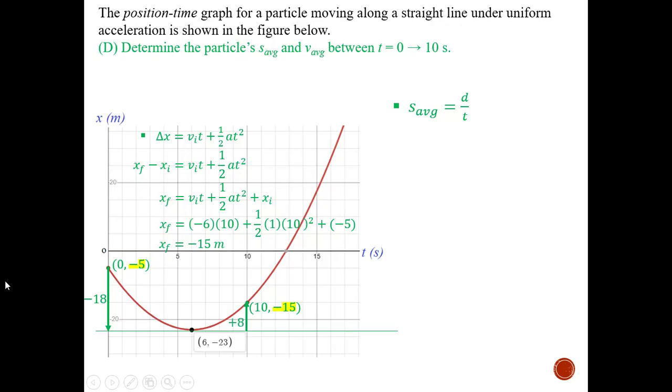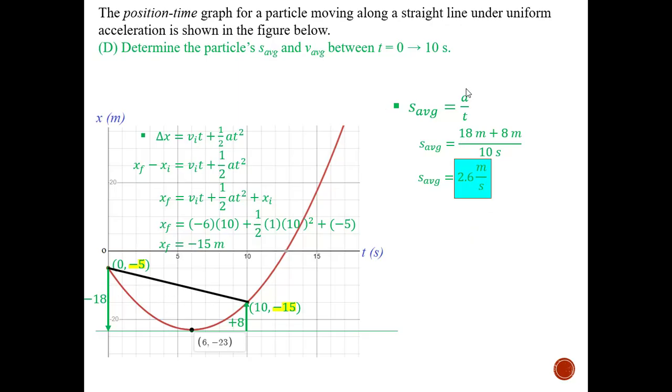So it went leftward 18 and rightward 8. That's 18 plus 8, because distance is a scalar, so we just add all the distances up, and the time interval is 10, dictated for us from 0 to 10. So 18 plus 8 is 26, and 26 divided by 10 is 2.6 meters per second. Speed is a scalar, so you don't need any direction. All right, now let's do average velocity.